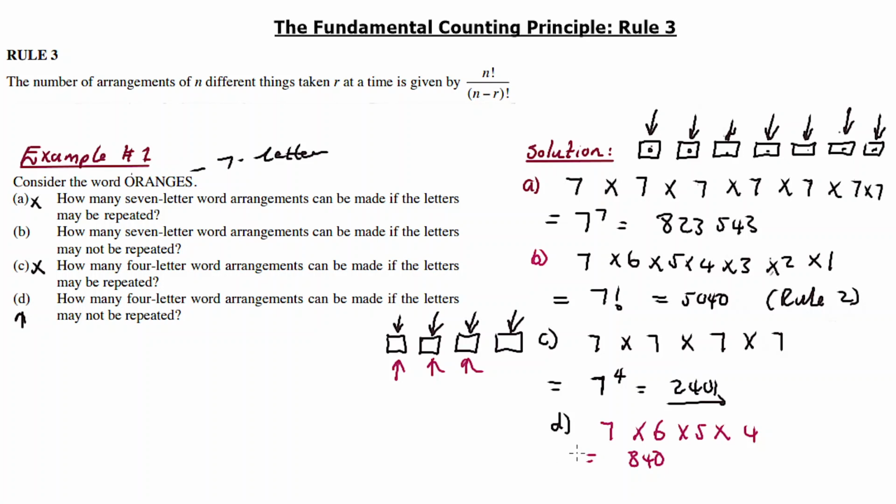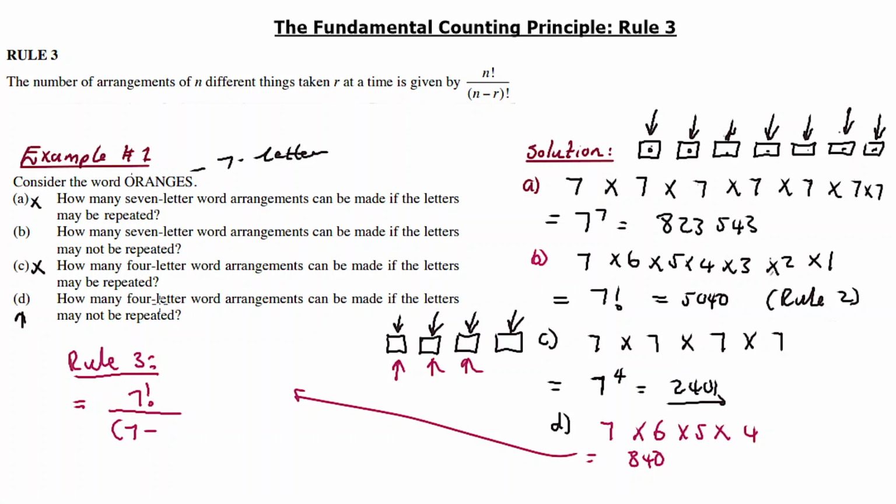840. Now let us apply rule number 3 to this problem. This is equal to n factorial divided by n minus r, factorial. I have n different things. I have 7 different letters. So 7 factorial divided by 7 minus r at a time.